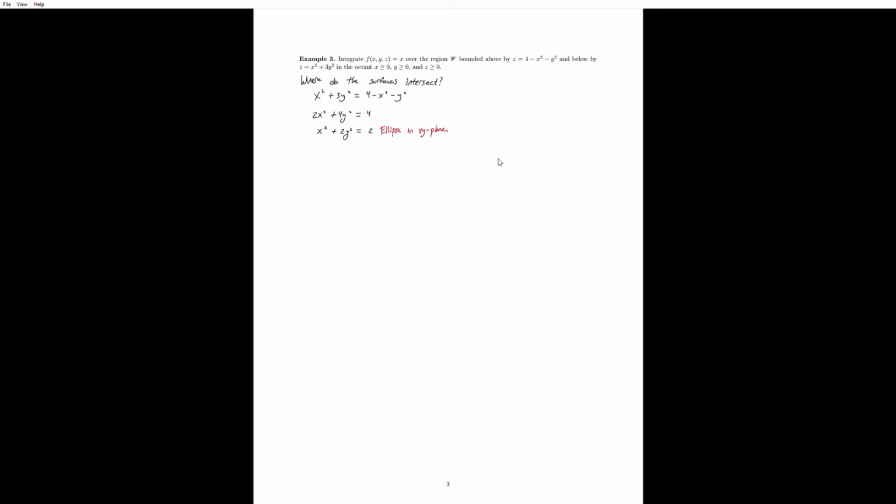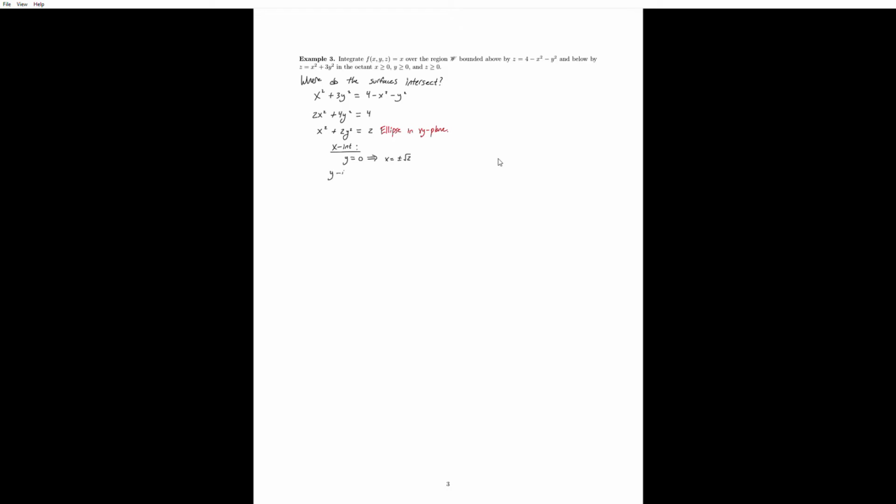So let's go ahead and sketch that in the xy plane. The easiest way to sketch an ellipse in the xy plane is to sketch its x and y intercepts. So when y is 0, this whole term is gone, so that we just have x squared equals 2. So this means x equals plus or minus root 2.